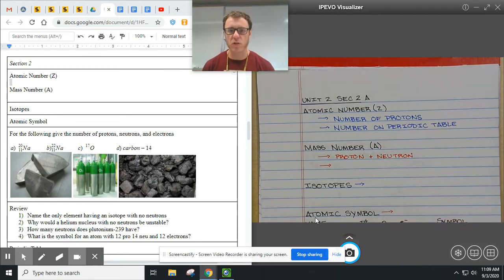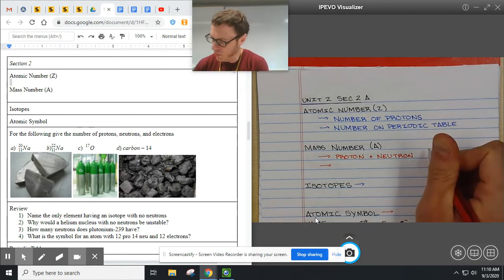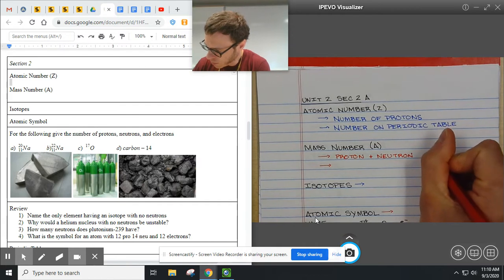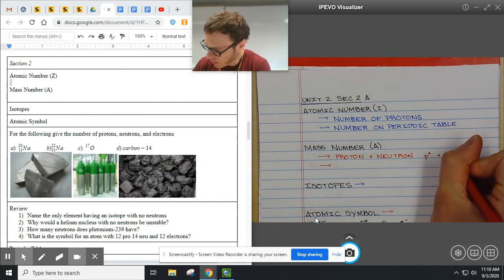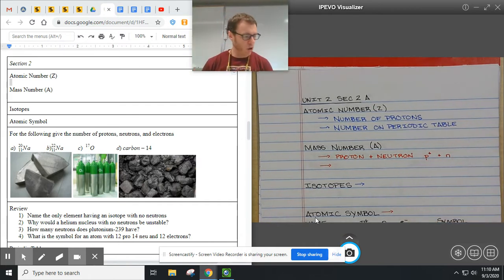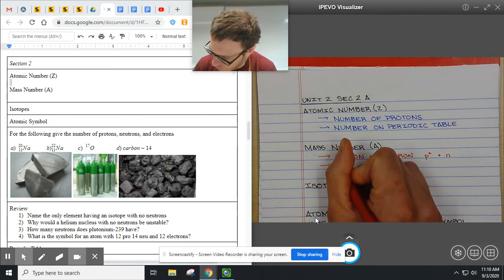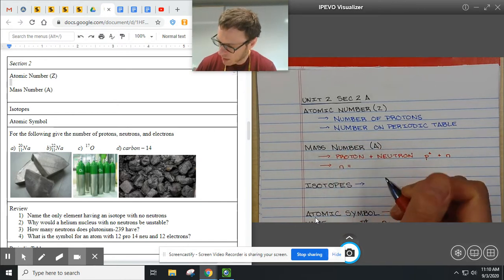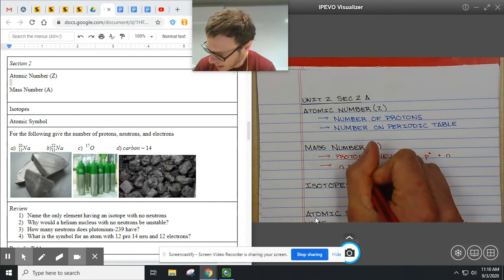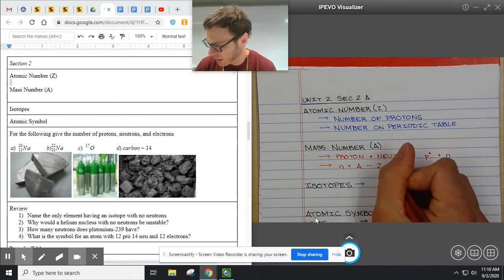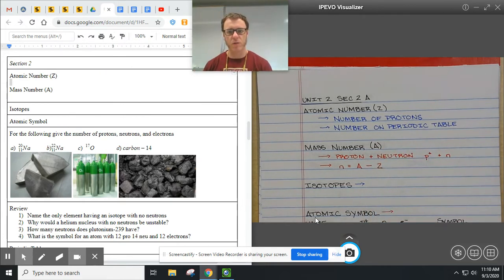So protons, positive, and neutrons. That's what we have for protons and neutrons. This is our mass number here. If we want the number of neutrons, what we're going to get is the mass number A minus the atomic number Z.